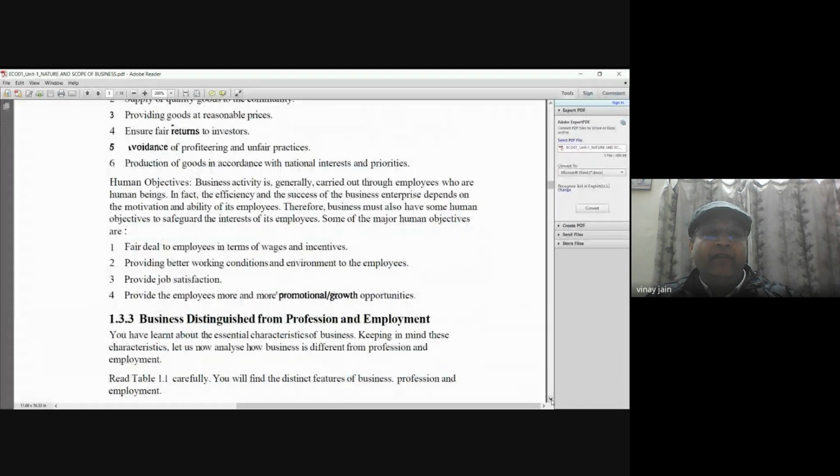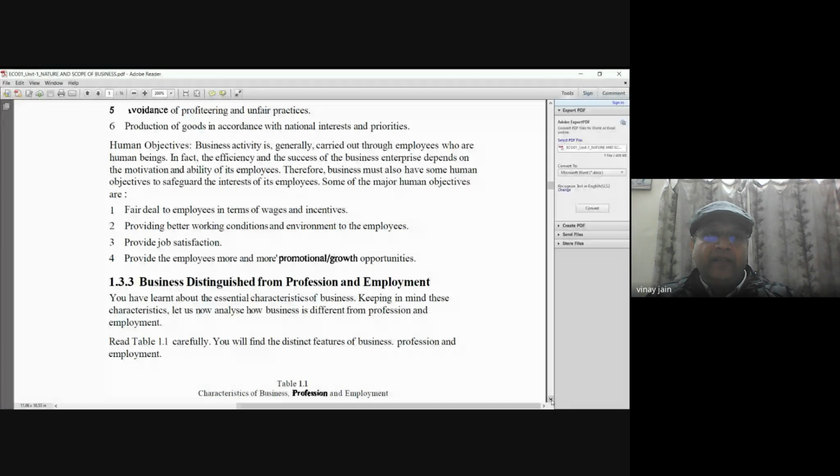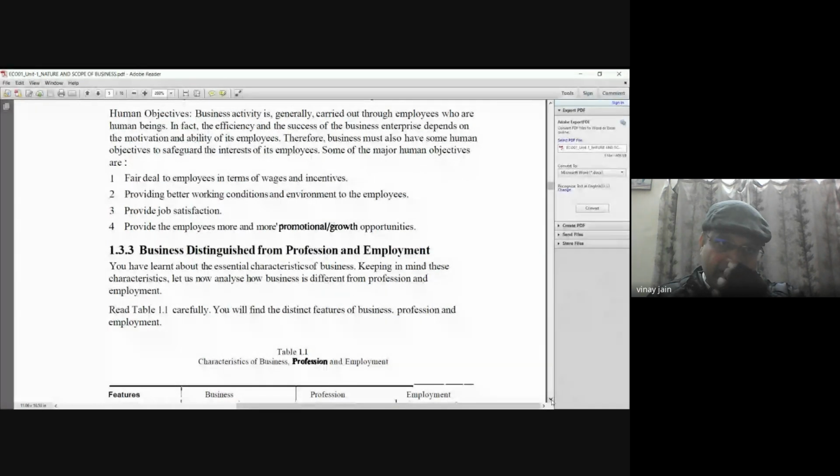Then we have human objective. I'm just giving one thing so that you have a kind of idea. Now guys, we have the human objectives. Business activity is generally carried out through employees who are human beings.